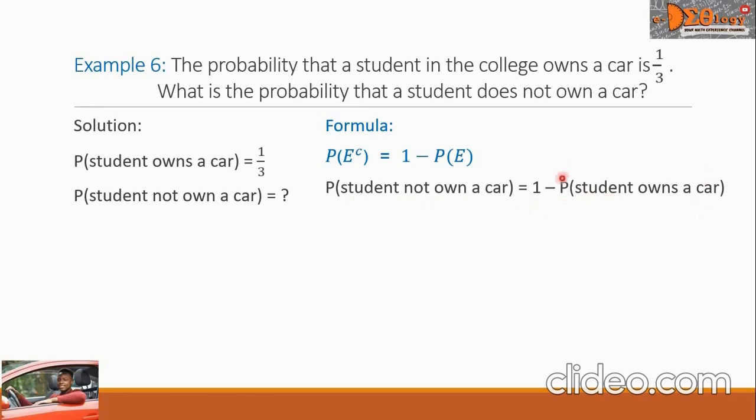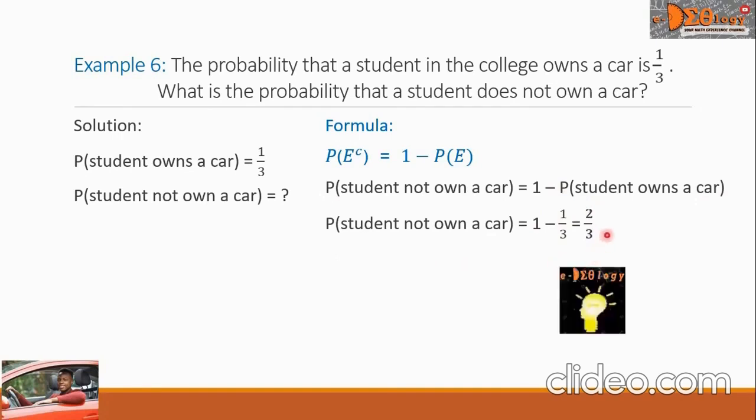Let us simply substitute the value of P, student owns a car, and that is 1/3. So we have 1 minus 1/3, and the answer is 2/3. This is the probability that a student does not own a car. This is our final answer.